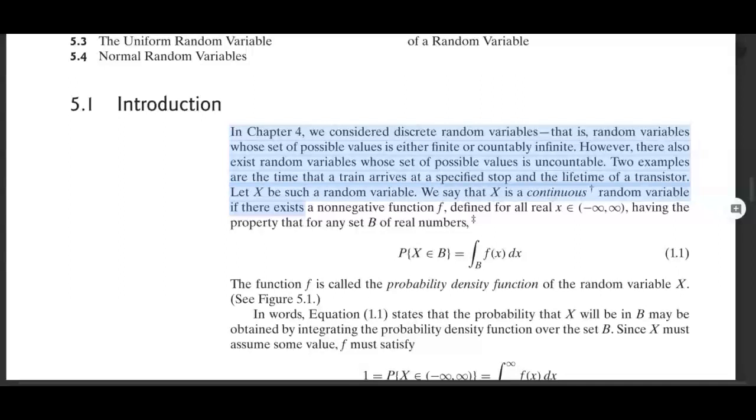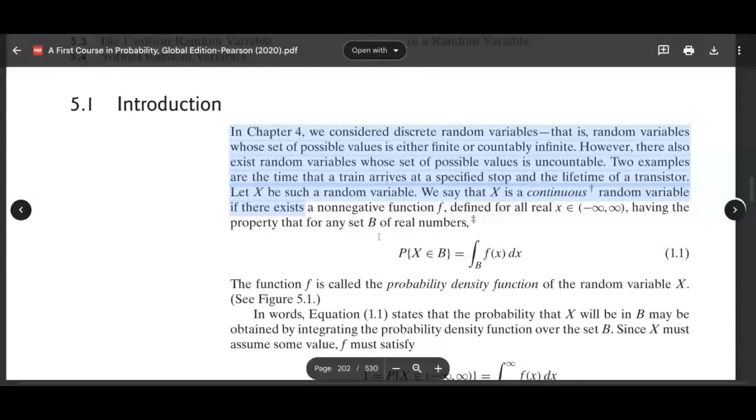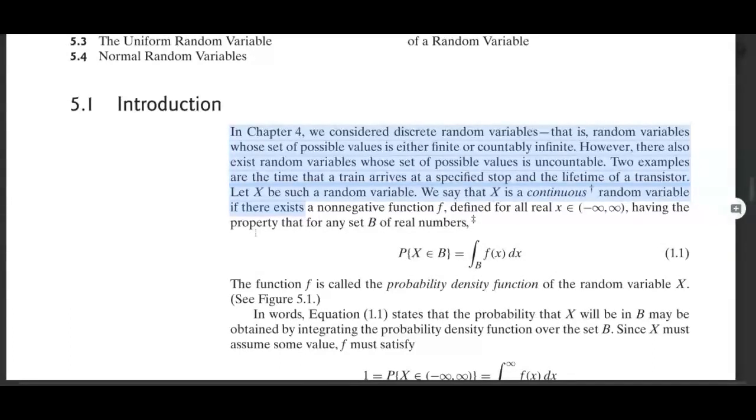if there exists a non-negative function f defined for all real numbers, having the property that for any set B of real numbers, the probability that the random variable is in this set of real numbers equals this. What is this?